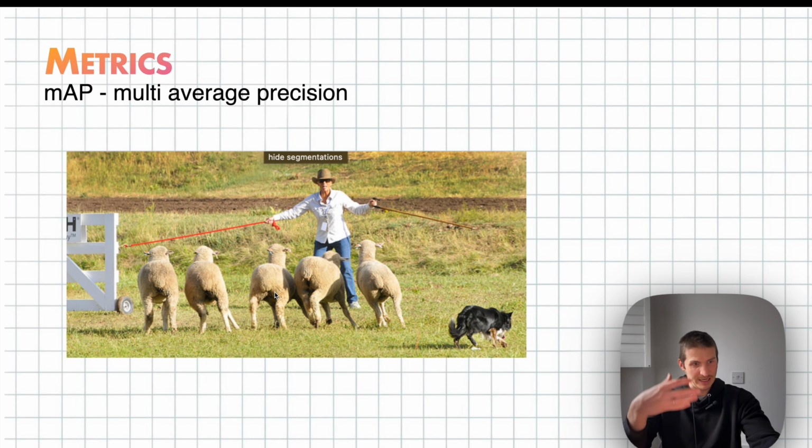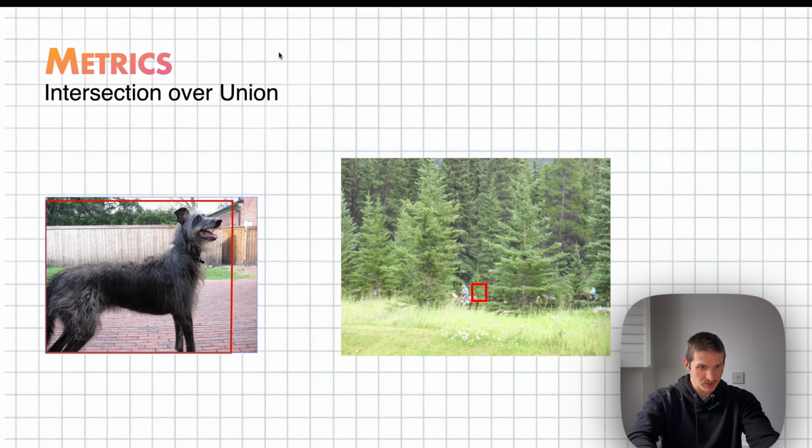So now I will explain how the MAP metric works in a series of steps. So the first important detail is called intersection over union. And here is the demonstration on when that might be relevant. So if we look again at this picture of the dog, recall that I said that to train a model to localize, to predict this bounding box, we might look at mean square error loss.